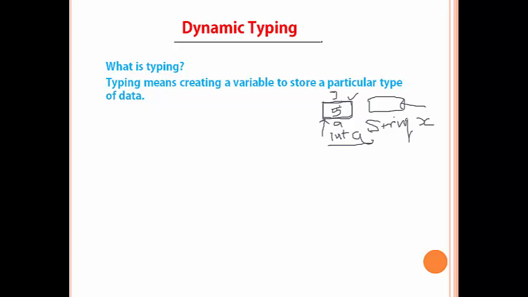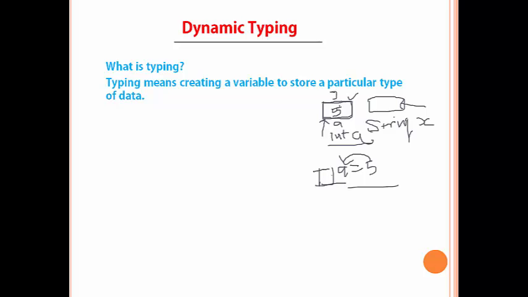So Python is different. So far you have seen that wherever we create a variable, I say a is equal to 5, this is fine in Python. I haven't written any data type here, so this 5 will be automatically stored. The interpreter doesn't mind whether you have written the data type or not.